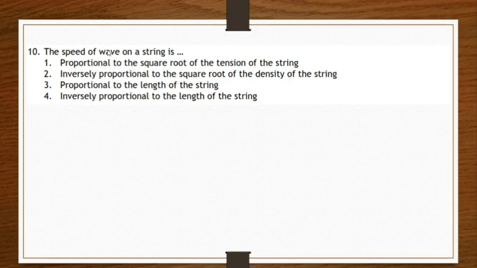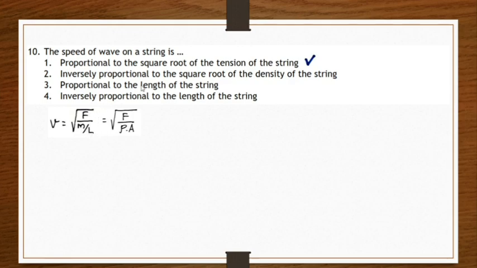The last one, the speed of a wave on a string. We want to find the relation of the speed to the tension and other quantities. We can use this equation to check the first statement. v equals the square root of F over m over L. It is proportional to the square root of the tension, proportional to the square root of F. So it is correct. Inversely proportional to the square root of the density of the string. We use this equation: m over L is equal to rho times A, as I have explained to you before.